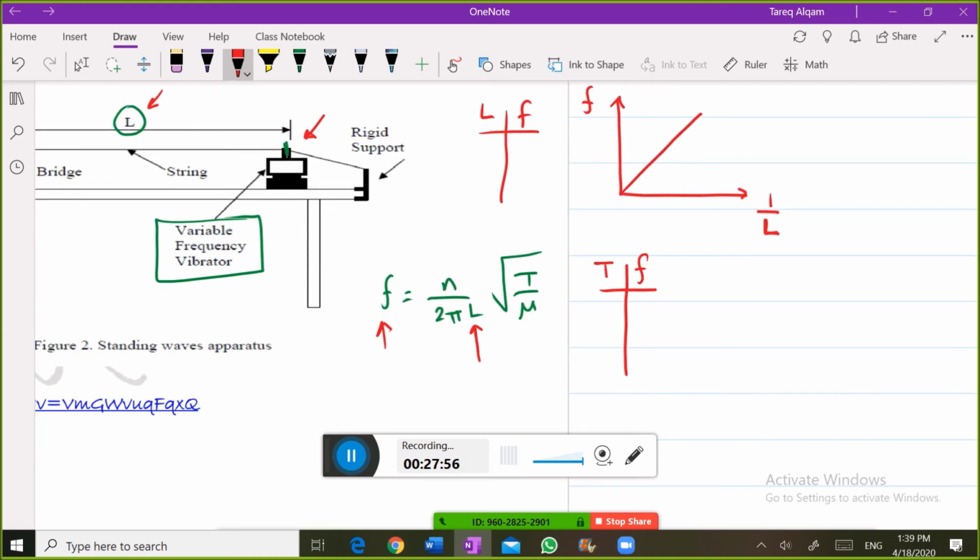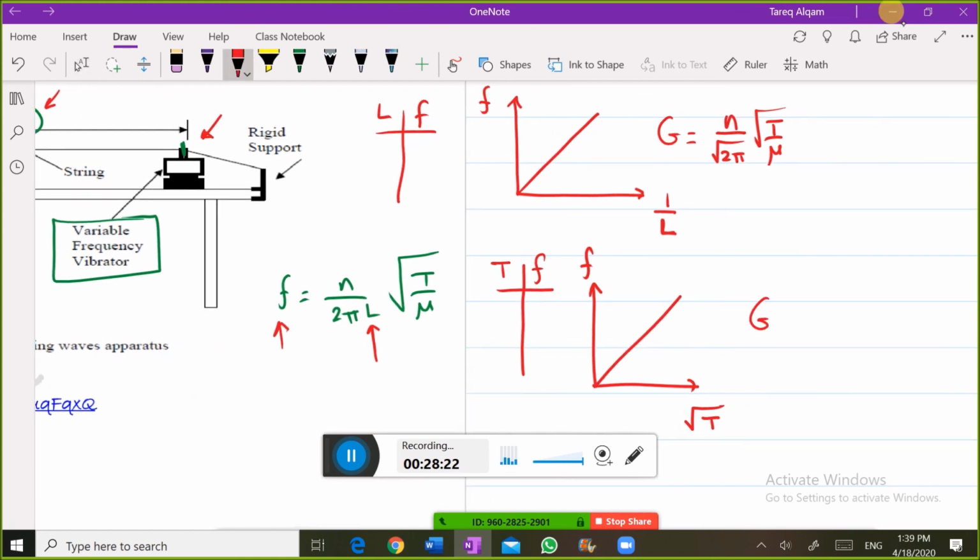The gradient of this graph is... If I consider the frequency versus the square root of tension, I will also get a straight line. The gradient here will be n over 2L times the square root of 1 over mu.